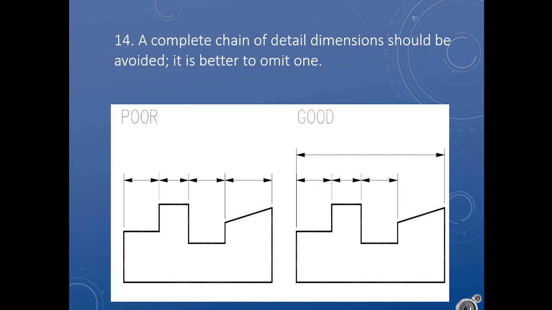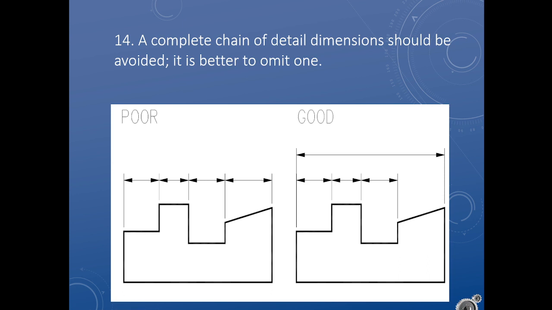This one is only relevant if you're doing continuous dimensioning. But if we have a chain of continuous dimensions, usually it's better not to do a full chain, but to do a bulk dimension, or a full envelope dimension, so we get the full size of the part.